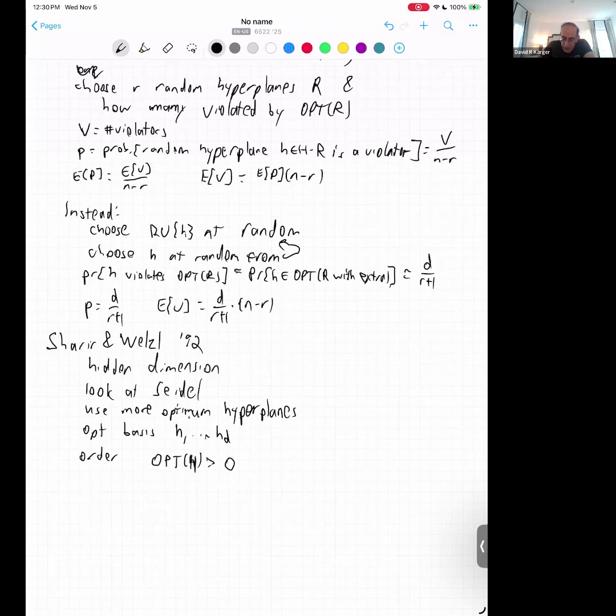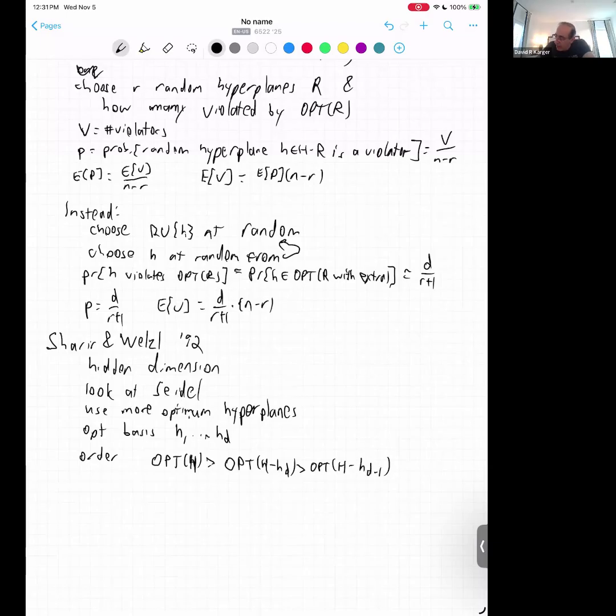And I'm going to use HD to represent the hyperplane where the optimum drops the least. And I'm going to work my way down as I think about different hyperplanes.